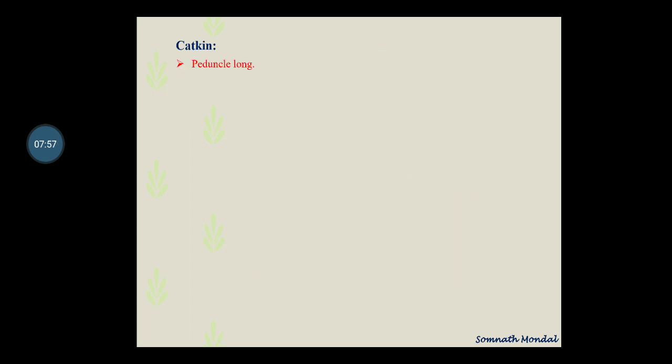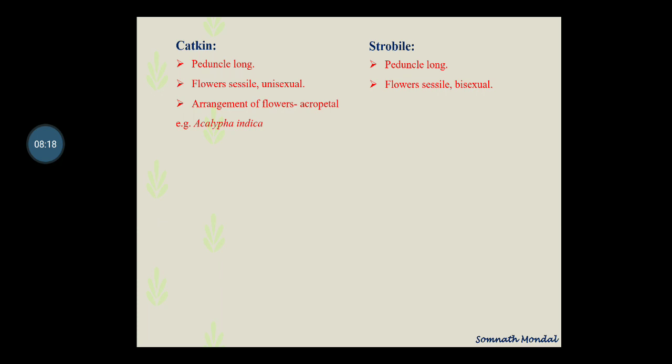Now coming to the next, that is catkin. In case of catkin, peduncle is long, it is pendulous, and flowers are sessile, unisexual. Arrangement of flowers obviously acropetal. Example, Acalypha indica. And in case of strobile, peduncle is also long, flowers sessile but bisexual on the contrary, and arrangement obviously acropetal.